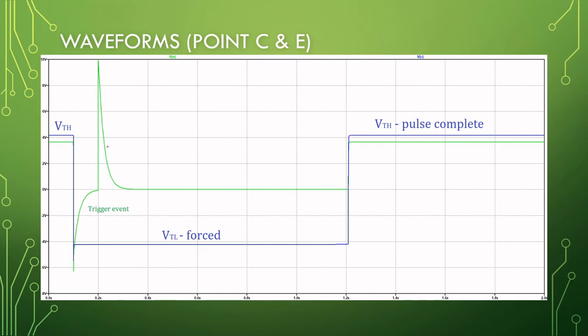You'll see here at the positive half, nothing happens. This is eliminated using that diode, or else we will just force our circuit back into a high state, and we don't want that. Then after a period of time, we will go back to our high trigger or our high threshold, and this is when the pulse is complete.